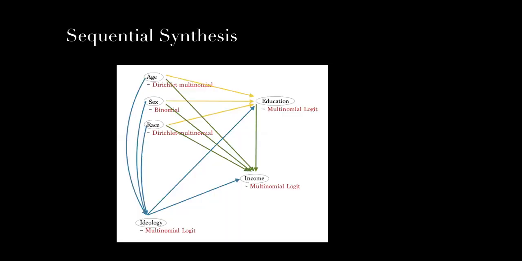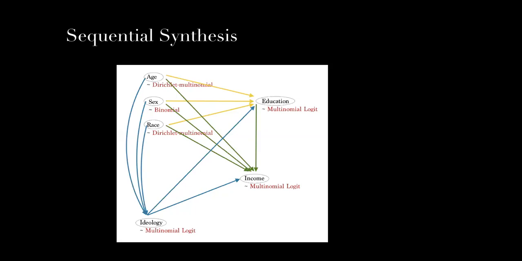I used sequential synthesis. Like I talked about before, I first synthesize age, sex, and race independently. For age and race, I use Dirichlet multinomial models, and for sex, I use a binomial model.